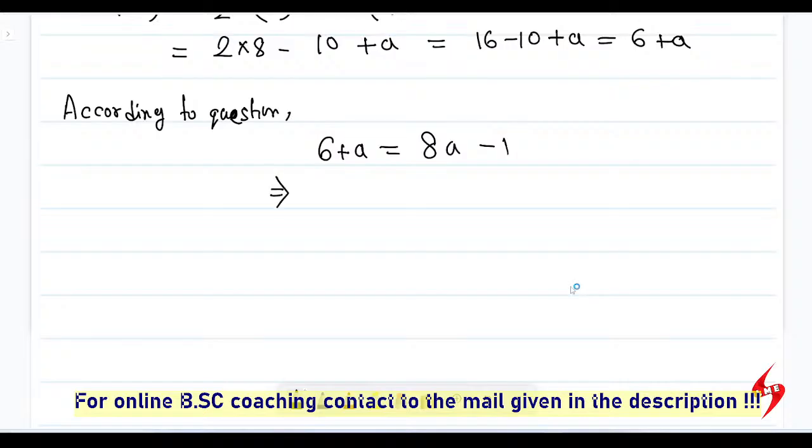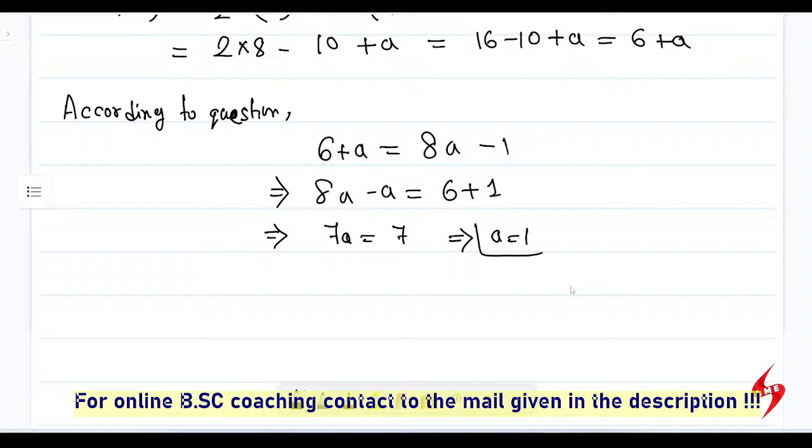So I'm taking just the values 7a. Okay, I'm making another step, that is 8a minus a will be 6 plus 1. Definitely 7a equals 7. So a will be 1. So this is my answer.